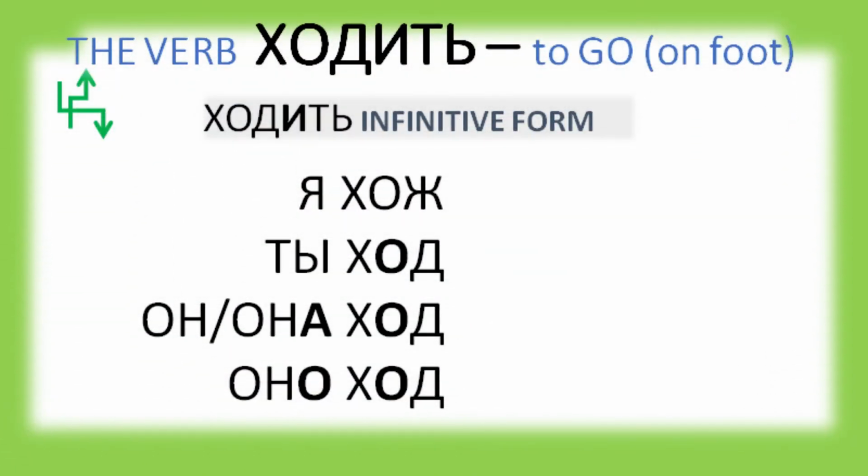The infinitive form of the multidirectional verb to walk is ходить. To say I walk is я хожу. You walk is ты ходишь. He or she walks is он, она ходит.